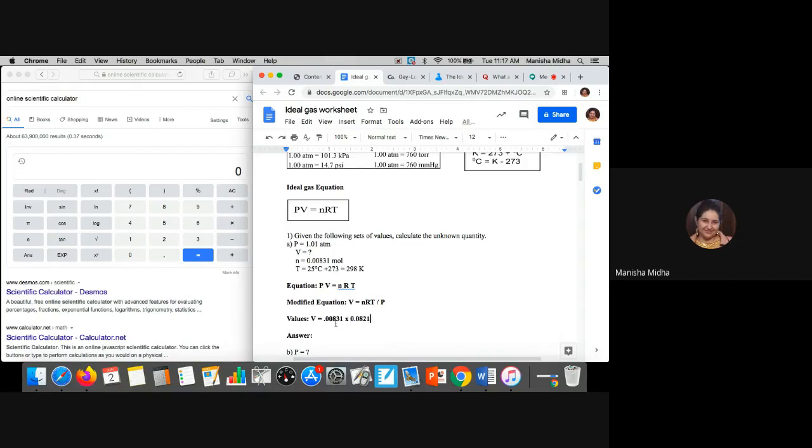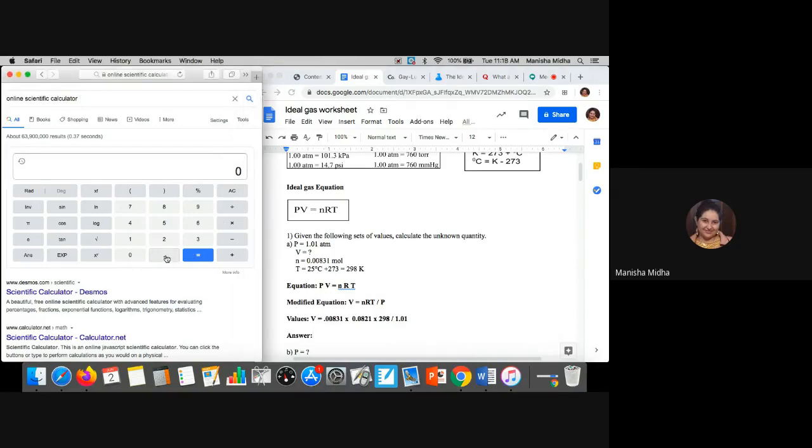Coincidentally, the value of moles and R happens to be very similar in this question, but R is always going to be 0.0821 for all your questions. 0.0821 times temperature. What is our temperature in this question? 298 Kelvin divided by pressure, which is 1.01. And let's see what we get in the calculator.